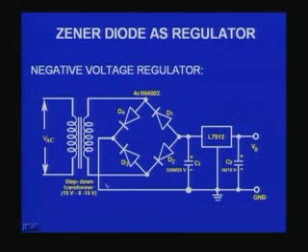Therefore this becomes a negative regulator, and the rest of the circuit details are similar to the one we already saw, and therefore this provides a negative voltage regulator.